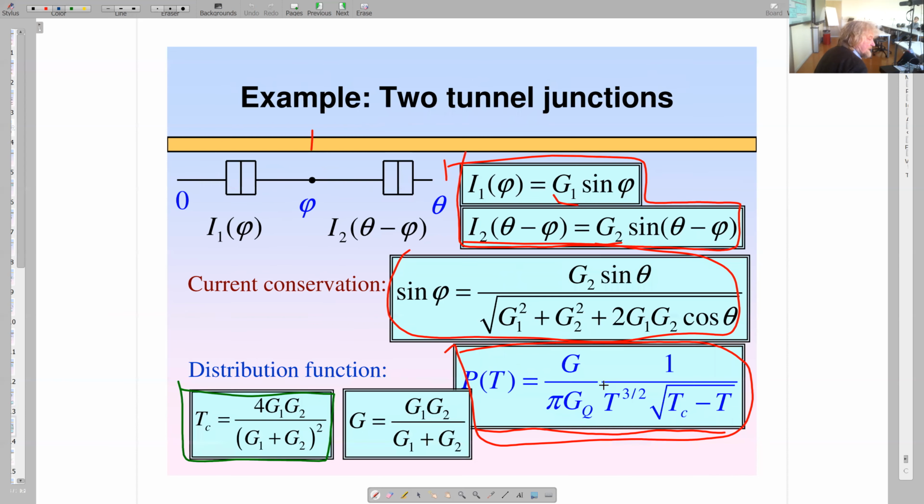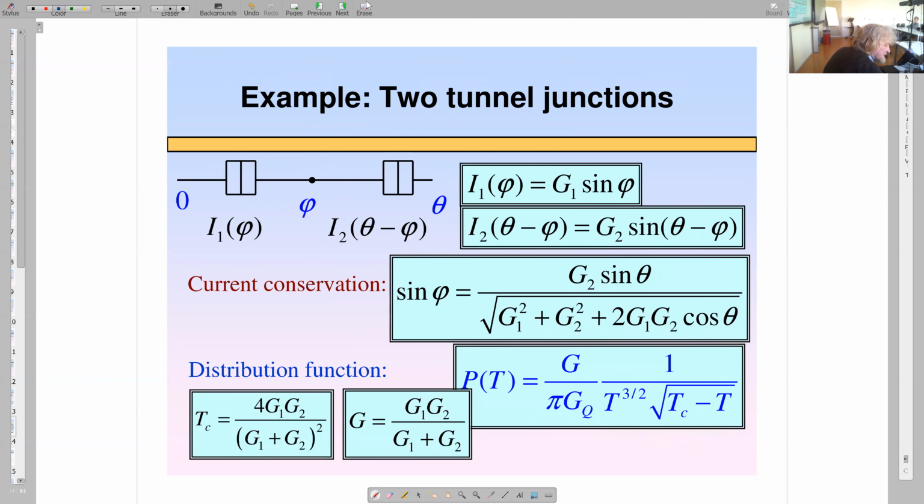Fine. A little bit more interesting example. Two tunnel junctions. Good, so we know the currents in each tunnel junction. We can use it to determine the unknown. The unknown is phi, in terms of external parameters, in terms of theta.